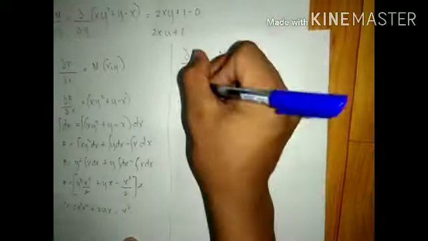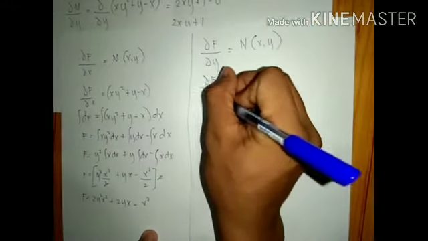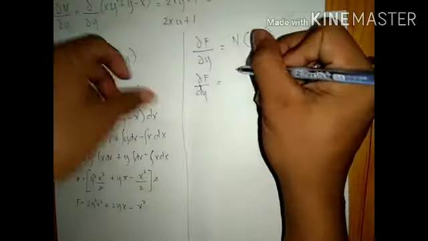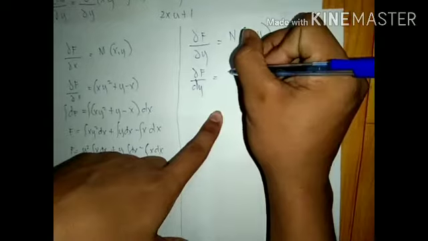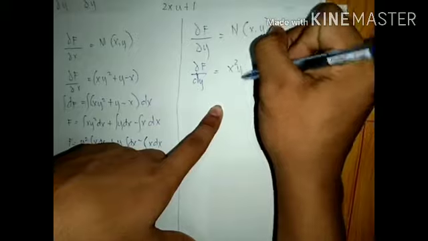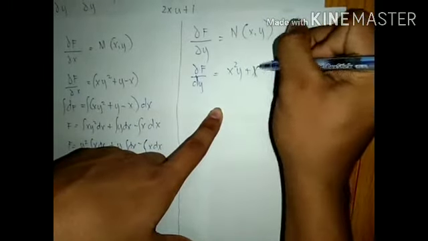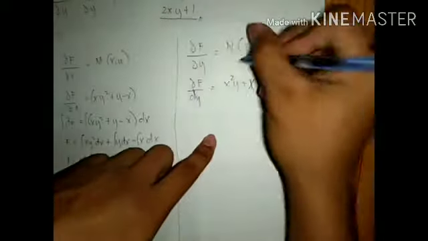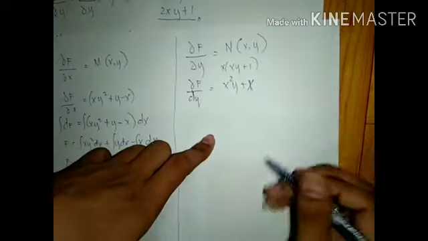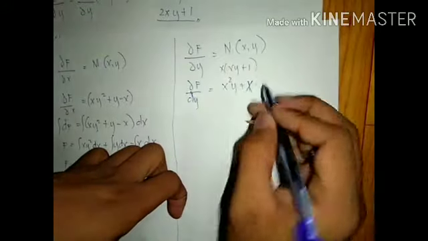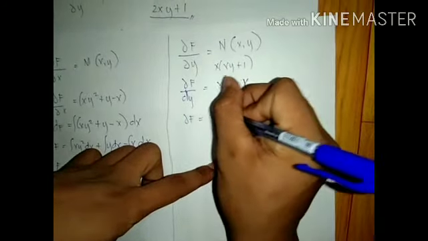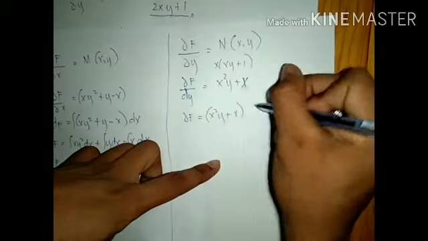So our N is the partial derivative of f over dy, partial derivative with respect to y. Our N is x squared, we multiply it by x squared y plus x. Then we multiply this on both sides by dy. Partial derivative of x is equals to xy plus x dy.